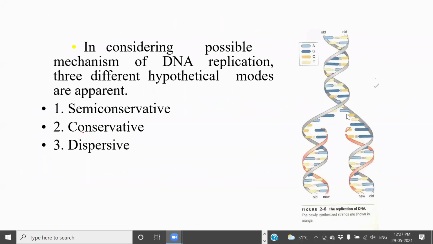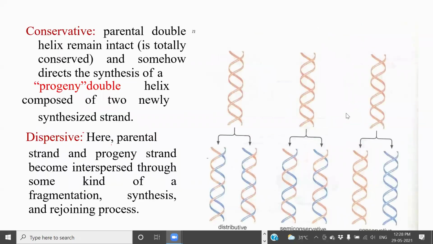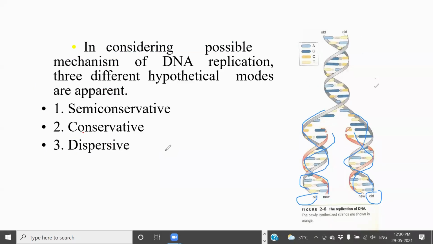You can see here in this replication, theoretically it was supposed that DNA replication takes place by the conservative mode. Some scientists proposed that DNA replication takes place by the semi-conservative mode.